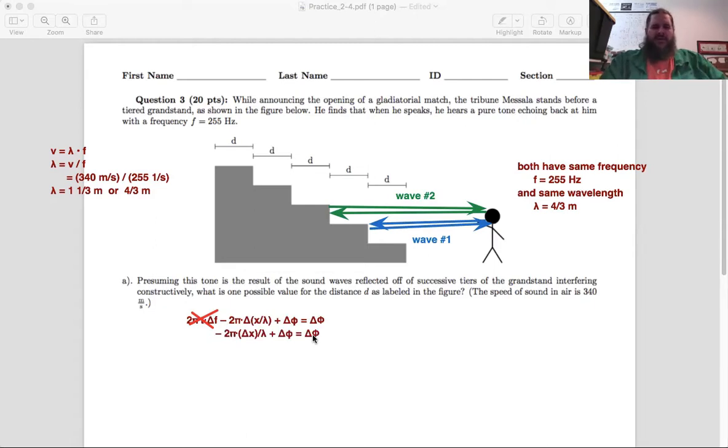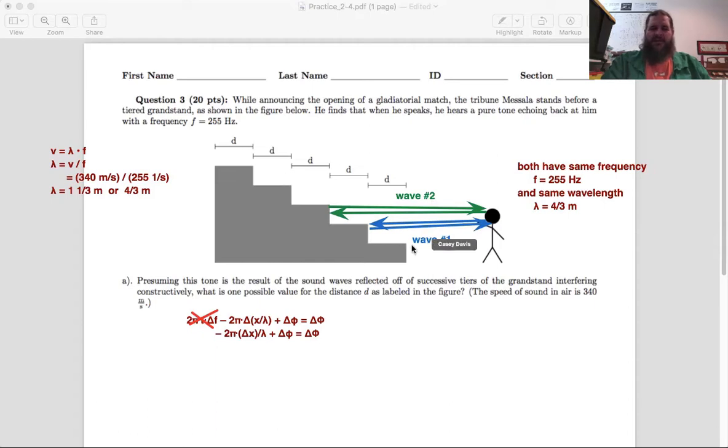Do we know anything about the delta x? Are the path lengths different here? For wave 1, delta x would be 2D, right? Well, it's not really so much for wave 1. It's more comparing wave 1 and wave 2.